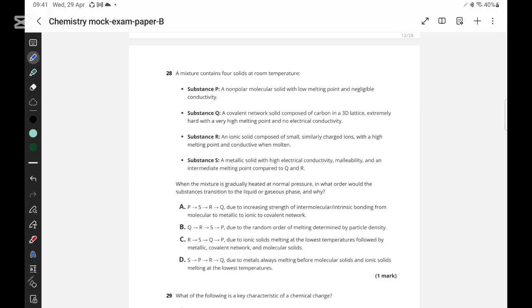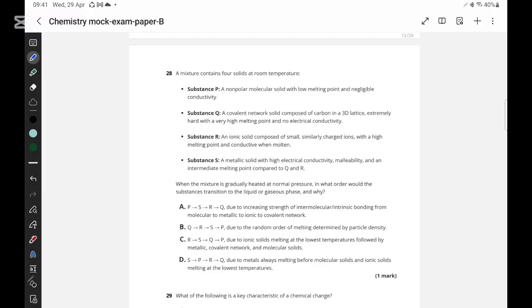And then R, an ionic solid, which is composed of small similarly charged ions with a high melting point and conductive when molten. S, a metallic solid with high electrical conductivity, malleability, and an intermediate melting point compared to Q and R. So which is going to be the strongest force among them?